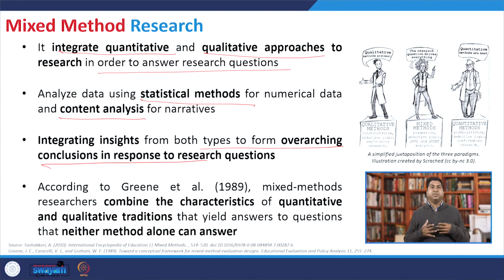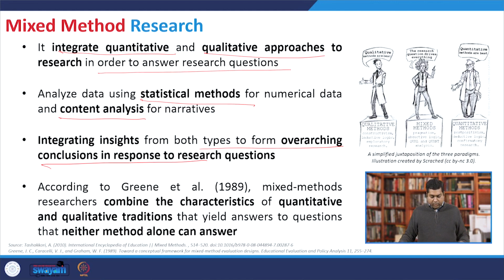If it is something related to the perception, related to the behavior of people, maybe somewhere we are missing something. So in that case, it is really important to also think about the qualitative aspect of the research, and then we should integrate it.